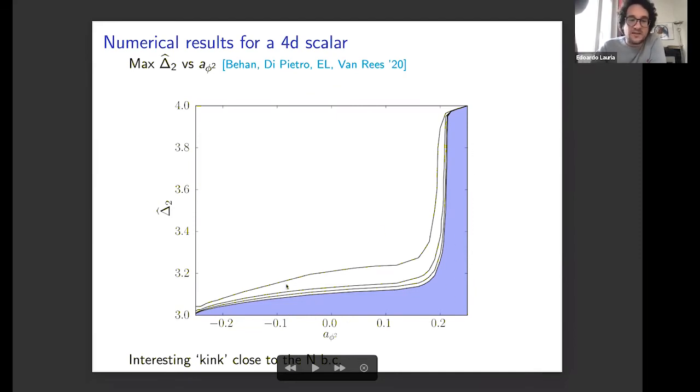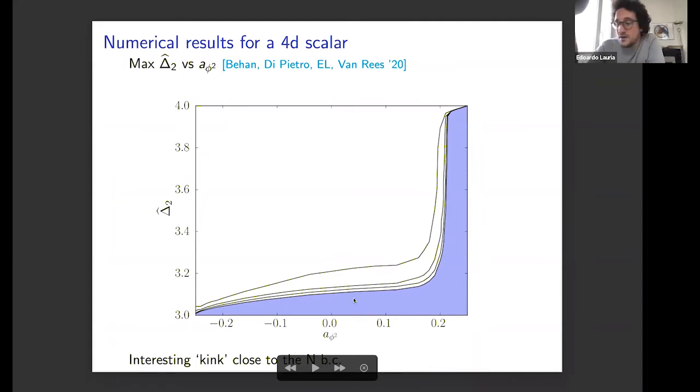What happens in practice is that the more you increase the number of equations that you consider, the more this upper bound goes down. So eventually we may expect it to approach the value of 3, which is the unitarity bound, which tells you that there is nothing. If you approach the unitarity bound, it just means that the entire space is trivial. There is no interacting conformal boundary condition.